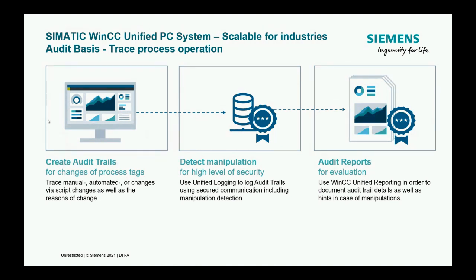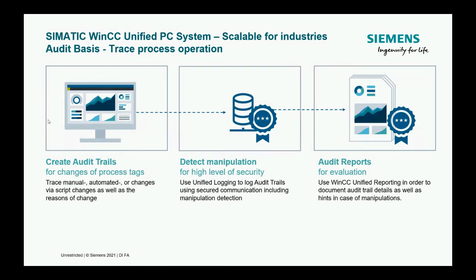So what does this allow us to do? It allows us to create audit trails based on changes on process tags and process tags only. So we can look at doing a trace based on any manual, automated, or direct changes or script changes, and the ability to comment and add reasons for these changes directly into an audit log.